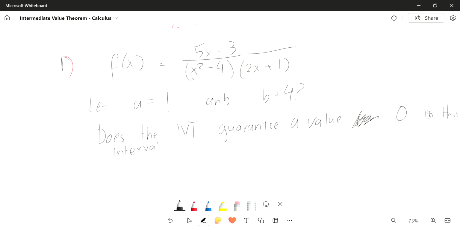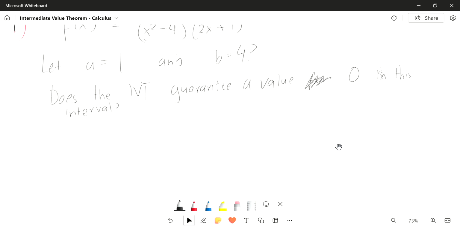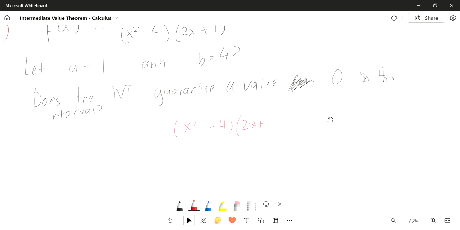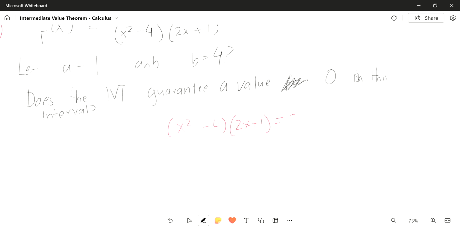So let's start by finding out where exactly this function has discontinuities. For that, you would set the denominator equal to 0. So you have x squared minus 4 times 2x plus 1 equal to 0. And if you remember difference of two squares from any previous algebra lessons, this becomes x minus 2 and x plus 2 times 2x plus 1, which carries over from before.